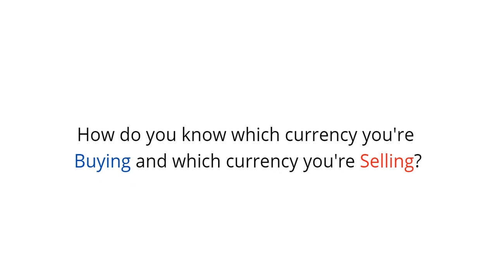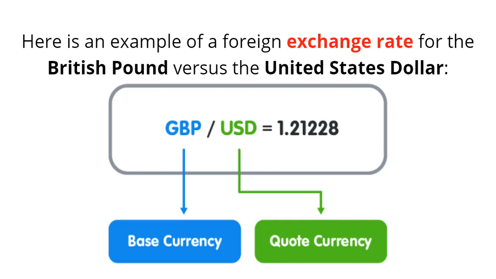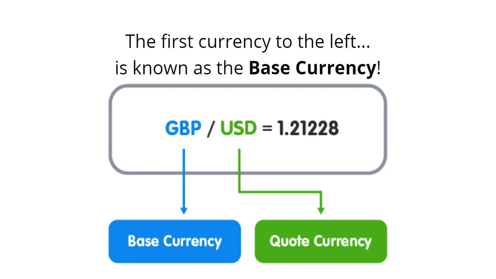So how do you know which currency you're buying and which currency you're selling? Excellent question. And this is where the concept of base and quote currencies comes in. So here's an example of a foreign exchange rate for the British pound versus the United States dollar. The first currency that you see to the left, that's known as the base currency.